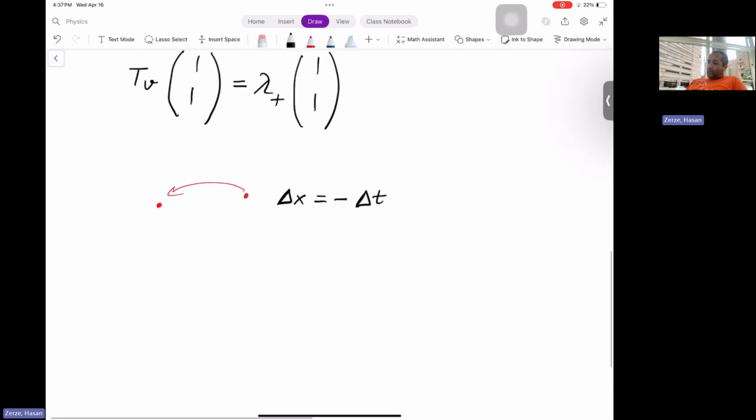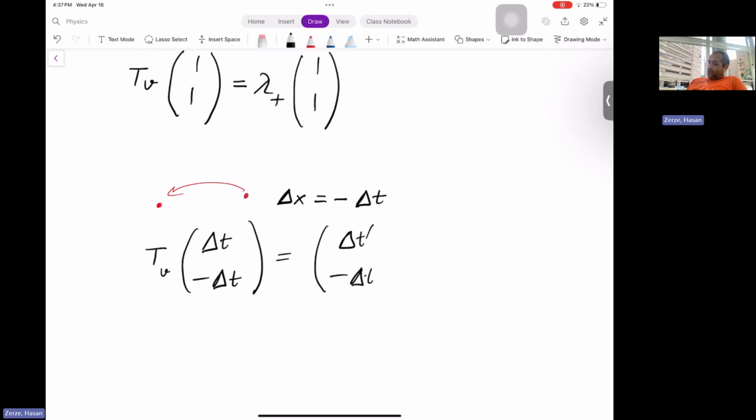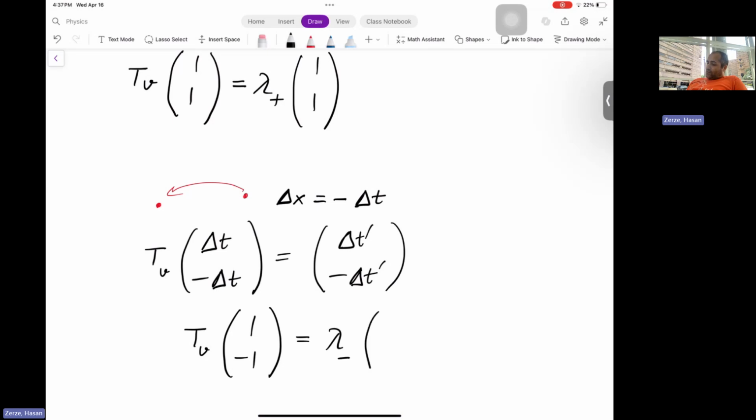And with the same arguments, we're going to find out that TV acting on (delta t, minus delta t) will turn into (delta t prime, minus delta t prime). So this will tell us that another eigenvector of TV is going to be (1, -1). And it's going to turn it into lambda minus times (1, -1).